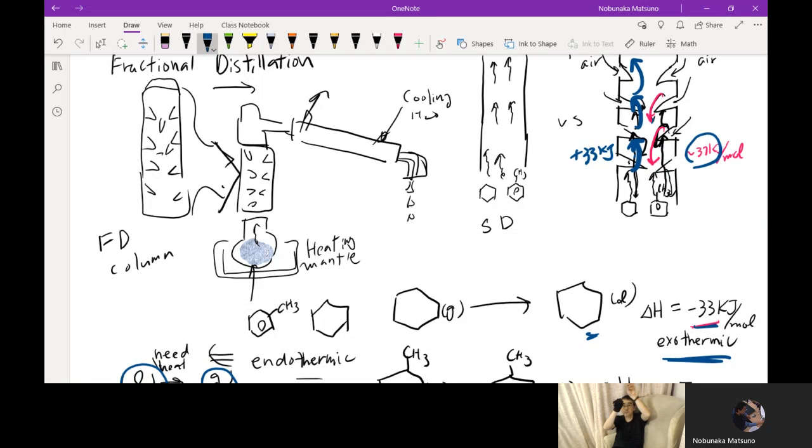They are repeating this process, but cyclohexane would migrate just a tad faster.